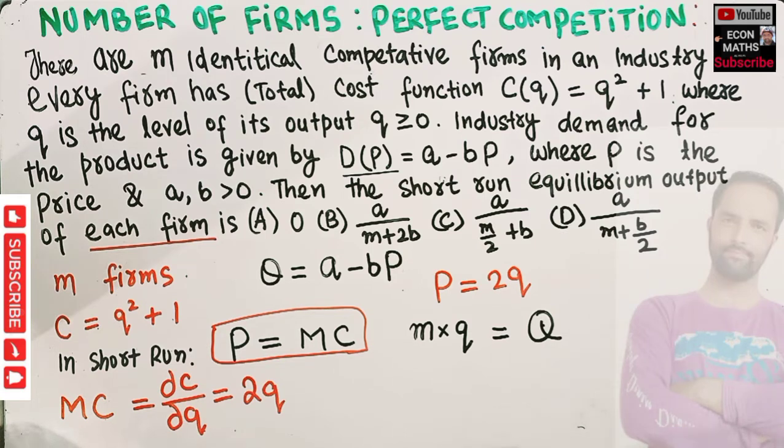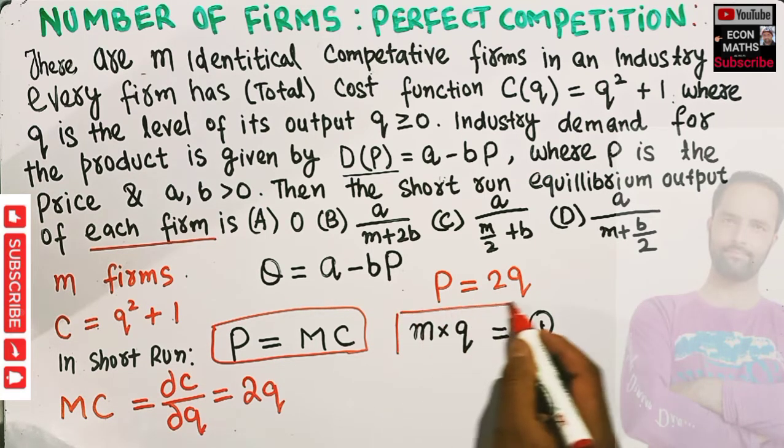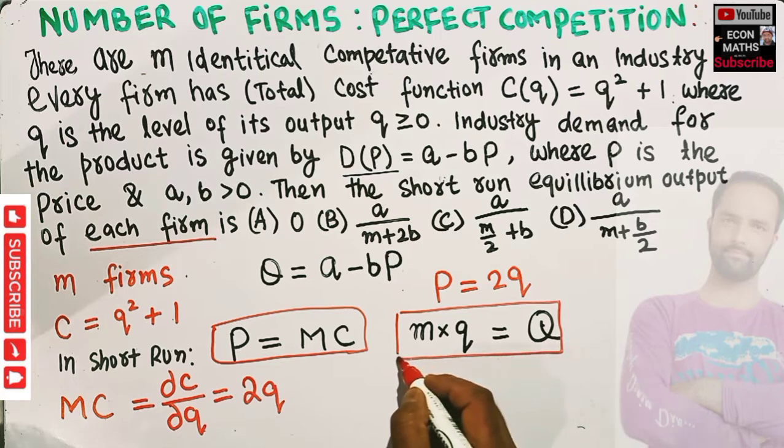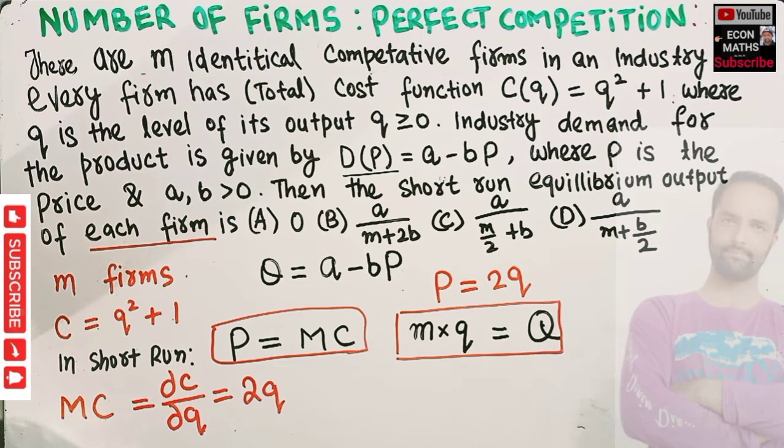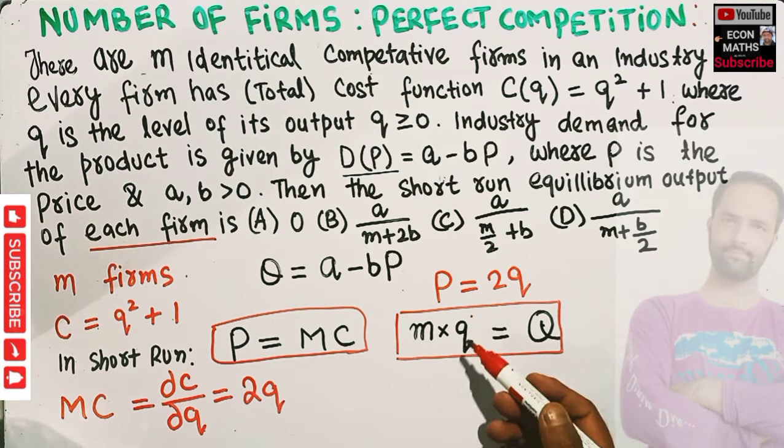Let's interpret this relationship. M denotes the total number of firms, and q denotes the output supplied by each firm.